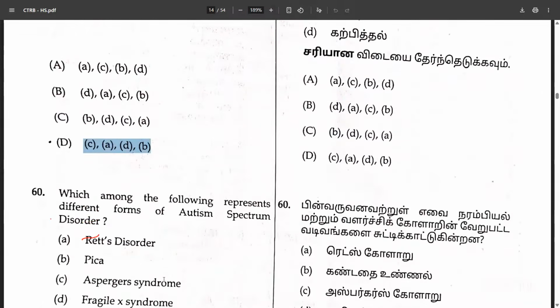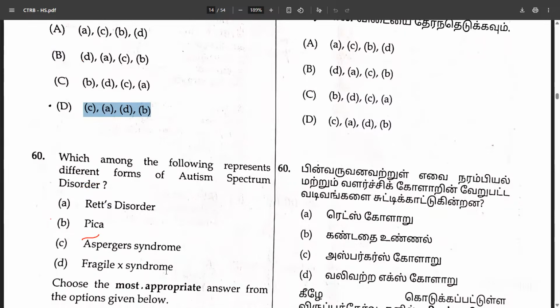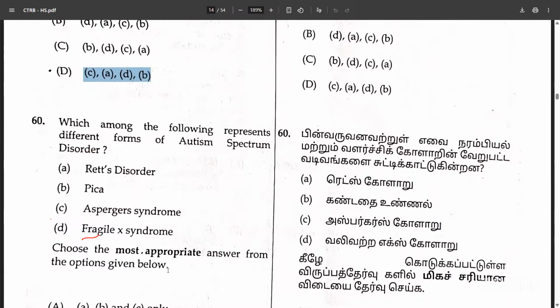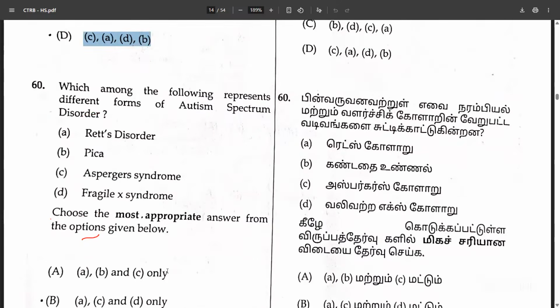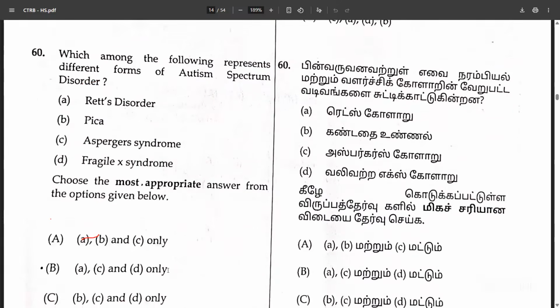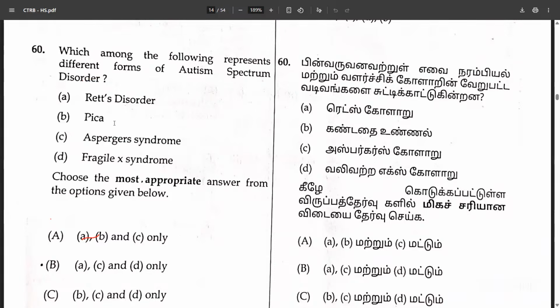Okay, coming to the 60th question, which is asking which among the following represents a different form of autistic spectrum disorder, ASD. They have given you Rett's disorder, Pica, Asperger's syndrome, Fragile X syndrome. Here you will see Pica.